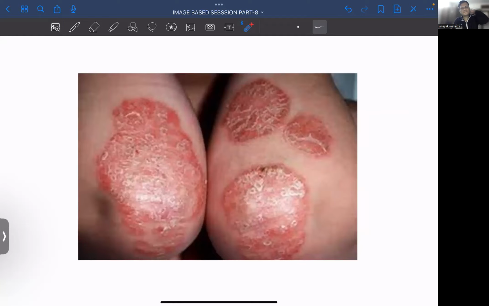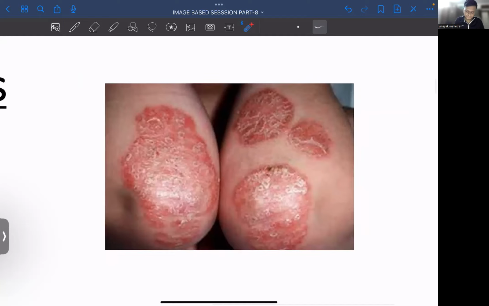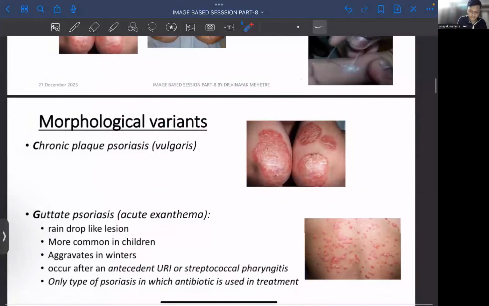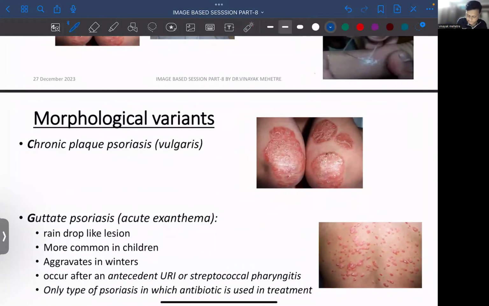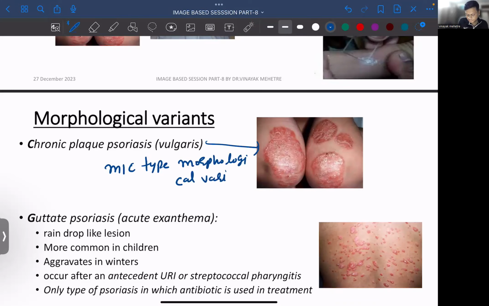It looks vulgar, that's how I used to remember. Okay. And this is the most common type, of morphological variant की.